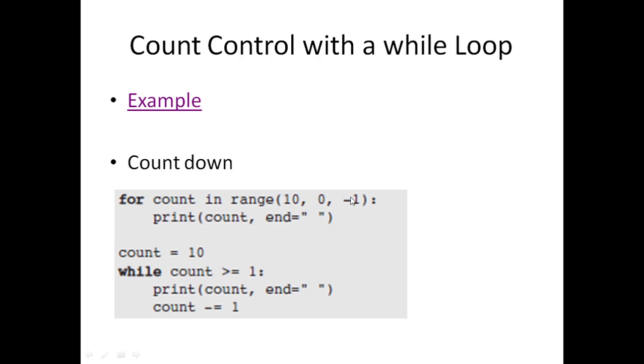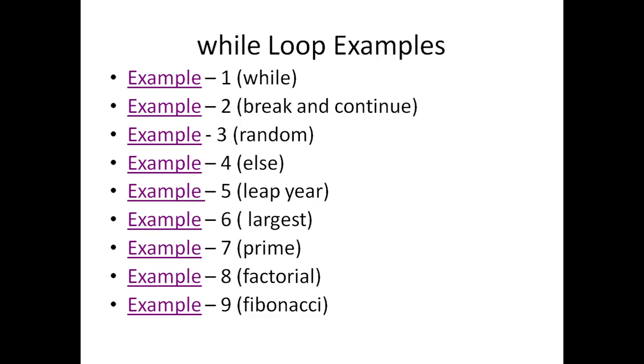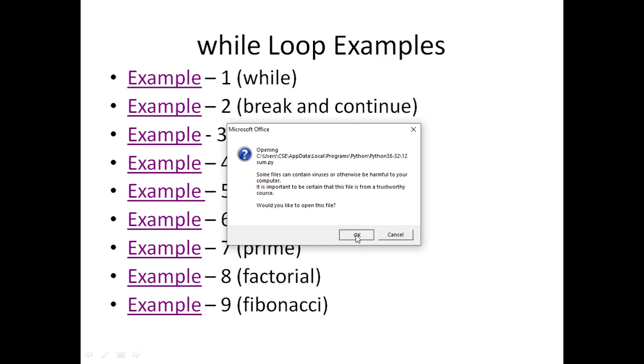In the for loop, we can initialize it in the header itself, but here we have to update the counter inside the loop. So this is the countdown loop. We will see some example programs for this while loop.